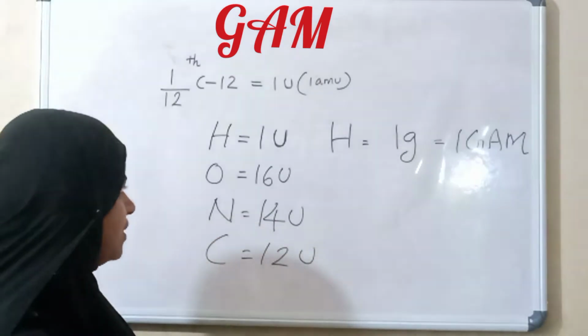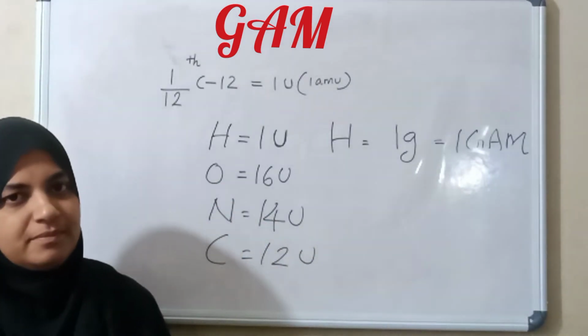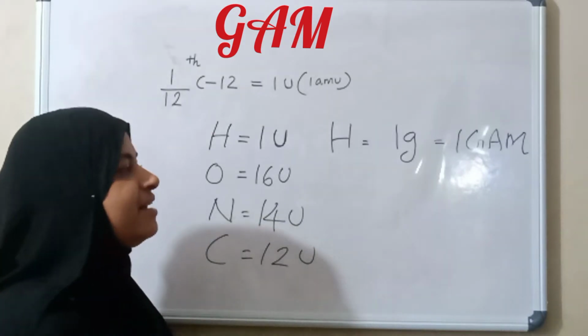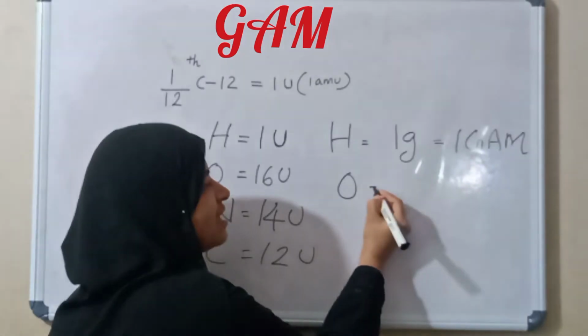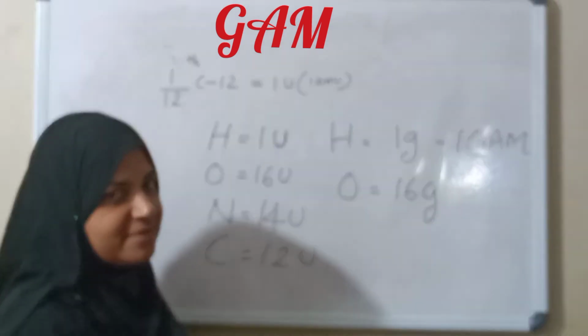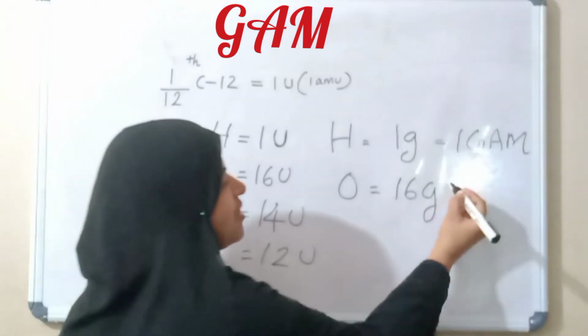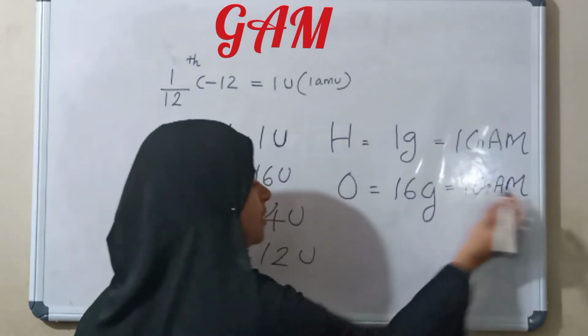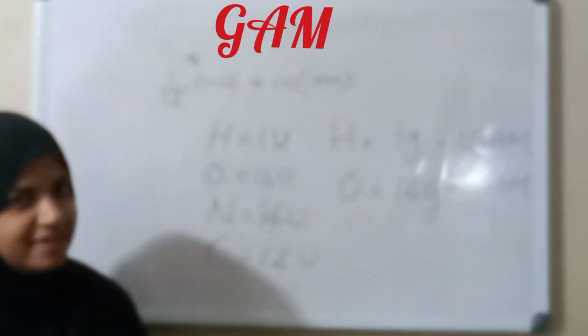Then another example, oxygen. Oxygen's 1 GAM is how many grams? Yes, oxygen's 1 GAM is 16 gram. 16 gram is the 1 GAM of which atom? Oxygen atom.